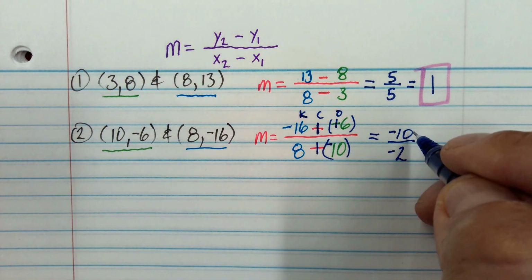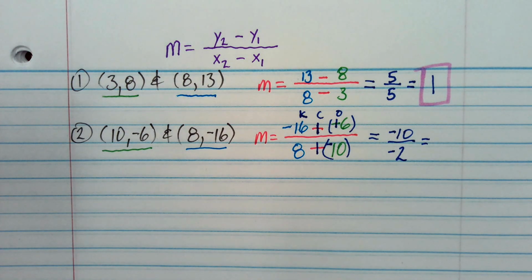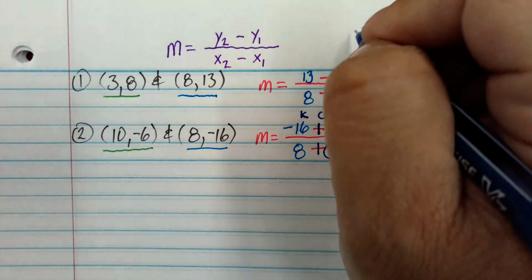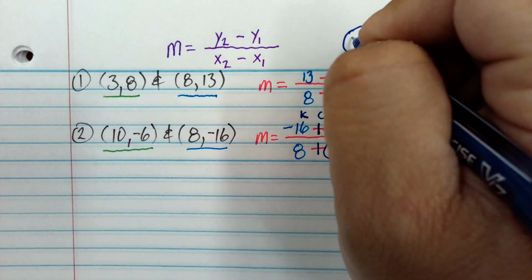So now I have negative 10 over negative 2. How much is that? Yeah, it's a negative divided by a negative, so it's a positive. Got to remember this.